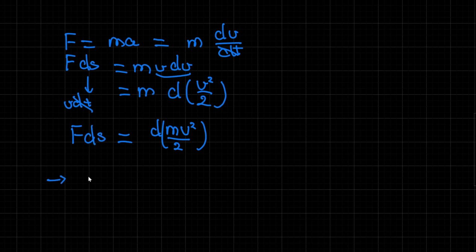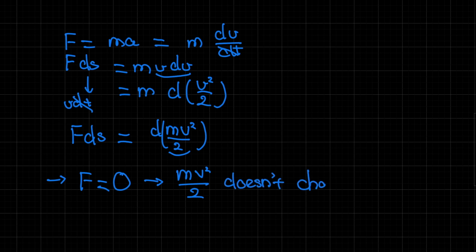So if you notice, if F equals 0, then the mv squared over 2 inside here doesn't change, because its derivative equals 0. So yeah, and this value, we called it the kinetic energy.